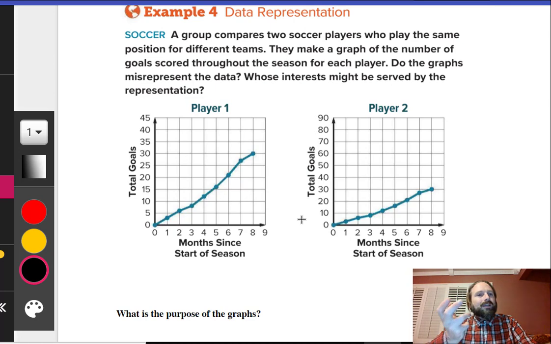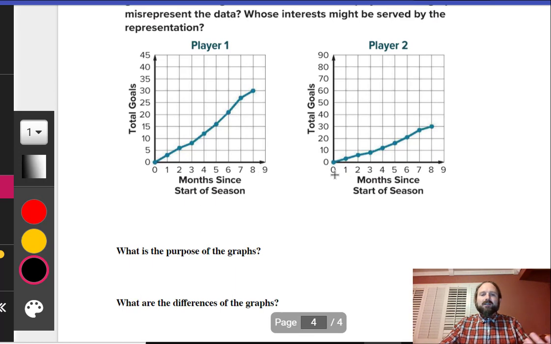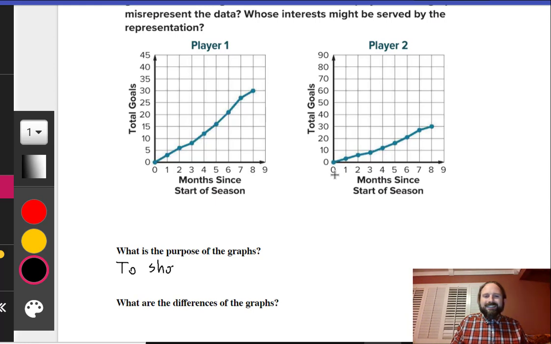But we can change how we represent the data so that it looks like one is different from the other one. So what is the purpose of the graph? The purpose of the graph is to show how the goals scored as the season progresses.